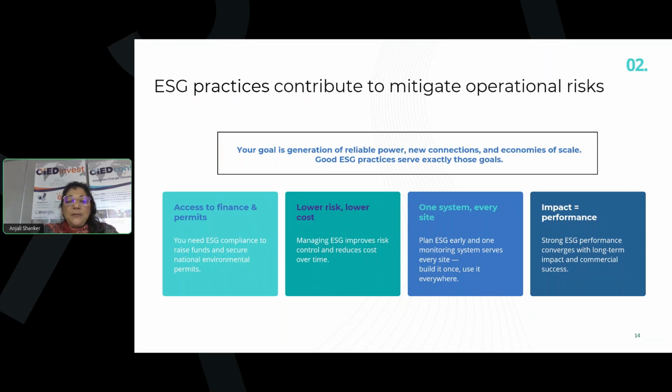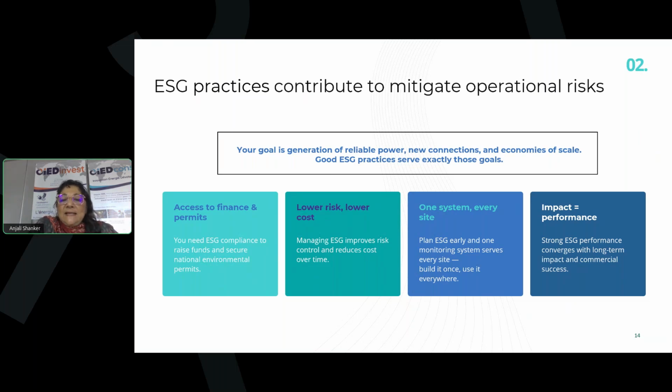So we need ESG compliance, of course, to secure those funds in a positive way. We also want to lower risks and costs. So managing ESG improves risk control and reduces cost over time. For example, if we have proper stakeholder engagement right from the beginning, the risk of conflict is reduced. Also, the technical risks are reduced.